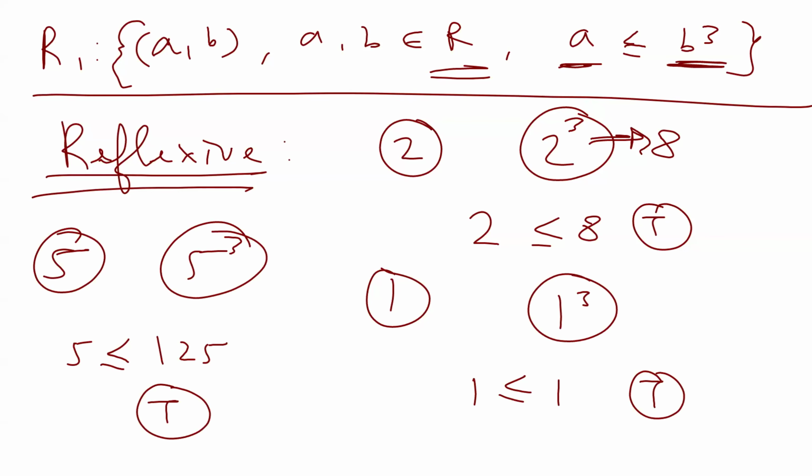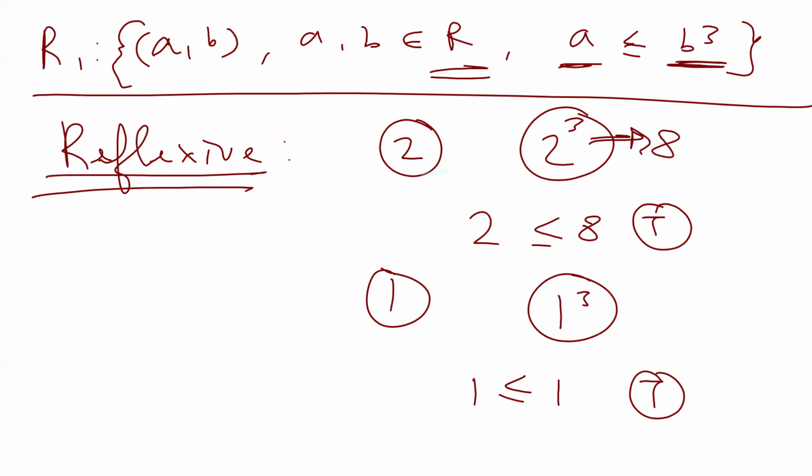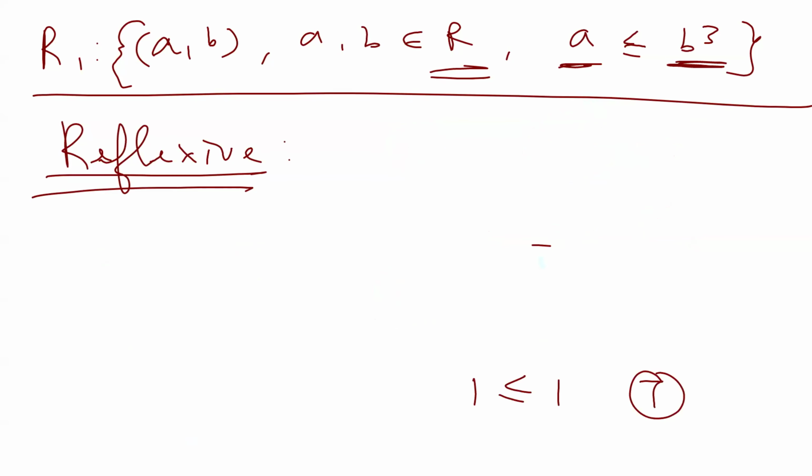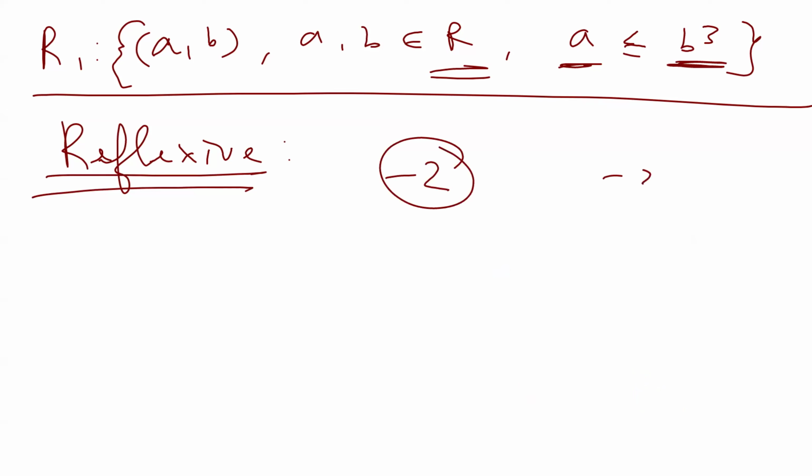Let's take some negative values. Let's take -2 and -2 cube, so -2 and -8. Is this condition true for the negative values? Yes or no? No, so it is failing for negative values.